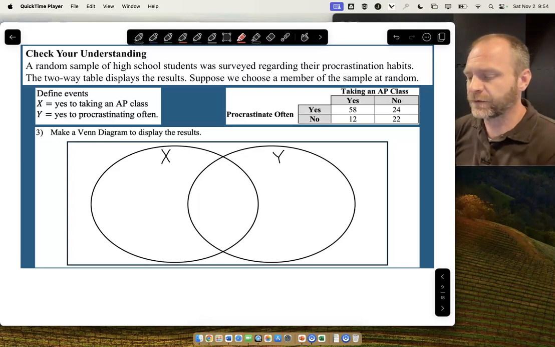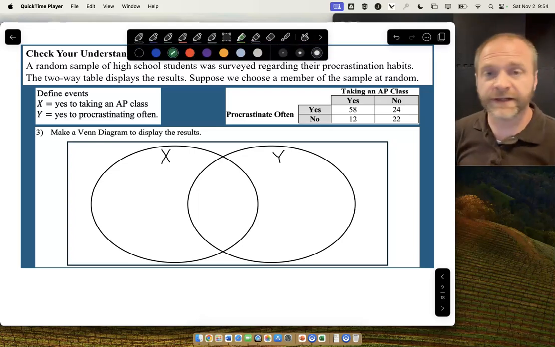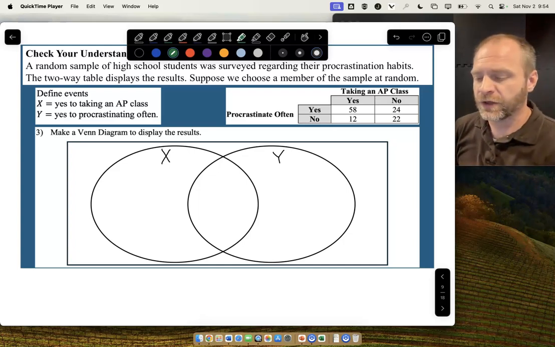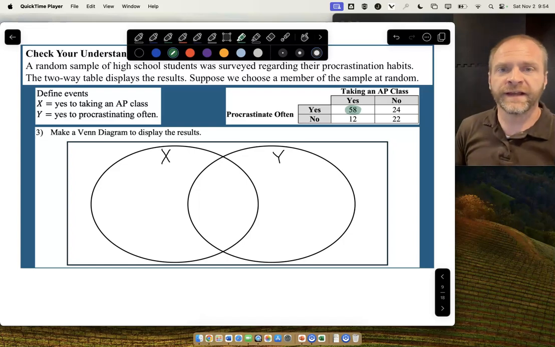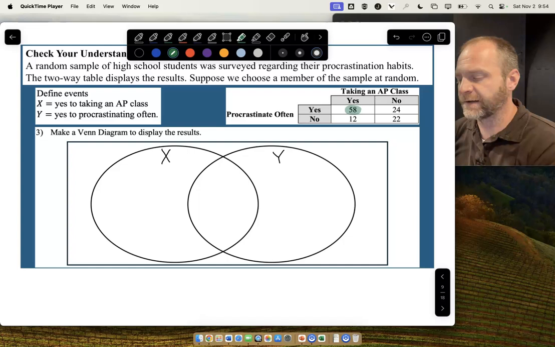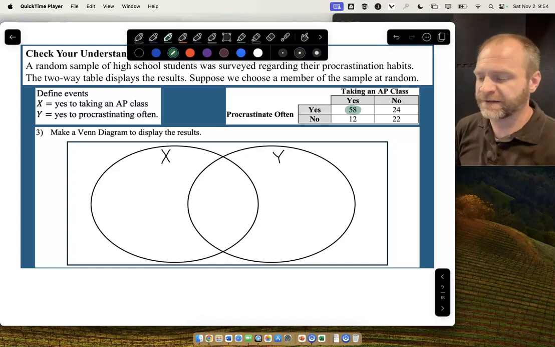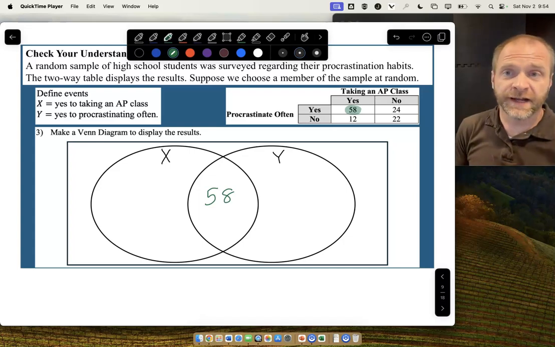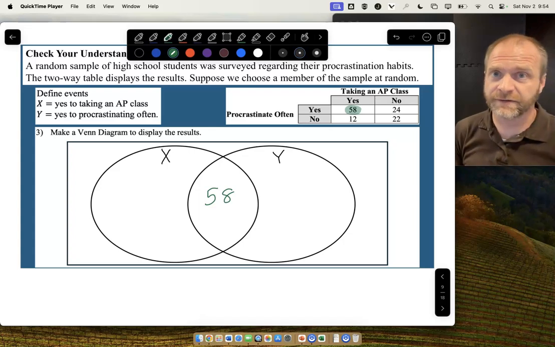The key that I've told you before, when you are converting a two-way table to a Venn diagram, is to focus on where they intersect. Where are both events X and Y taking place? In that case, there are 58 students who take an AP class out of the 116 that do also procrastinate, slackers.